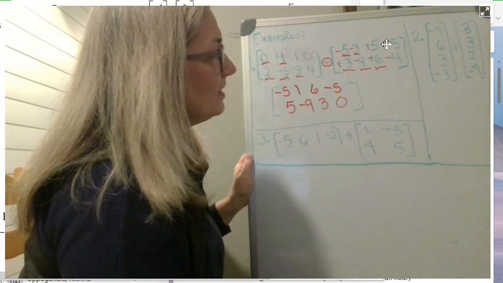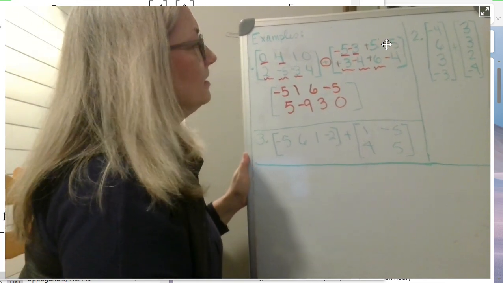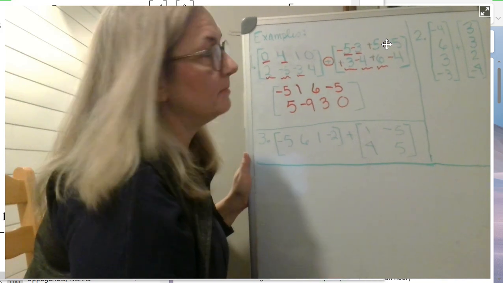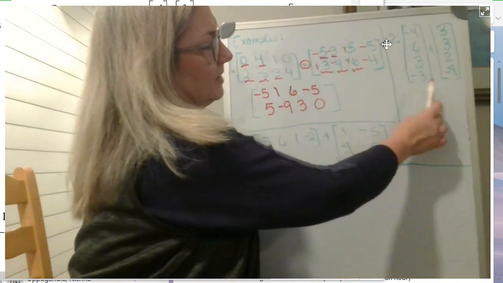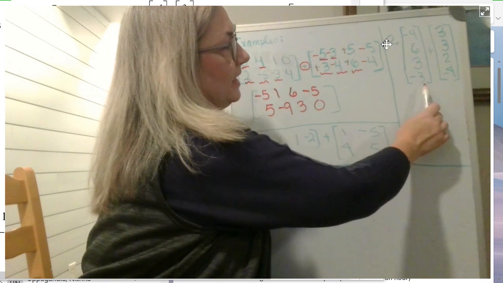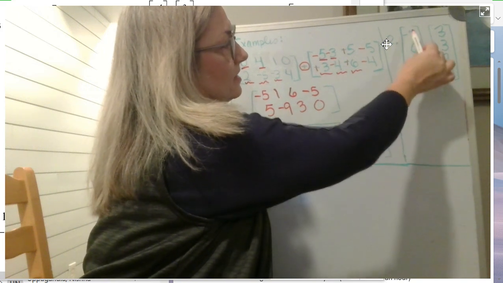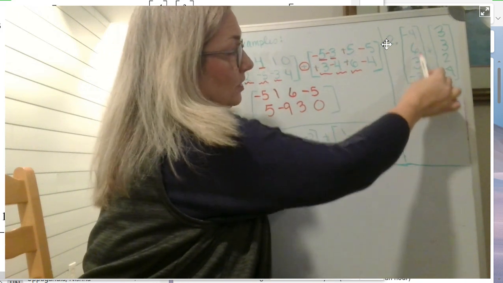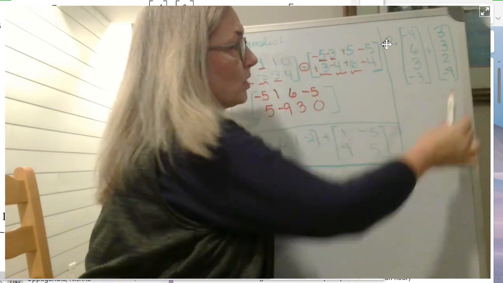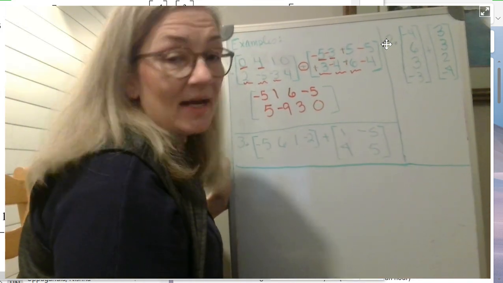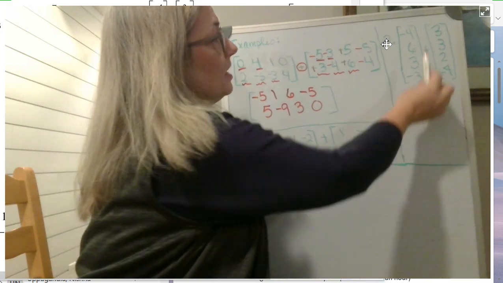Okay. The next one happened to be a column matrix. There are two column matrices being added, and they both have to have four entries. To add, you have to have the same dimensions.